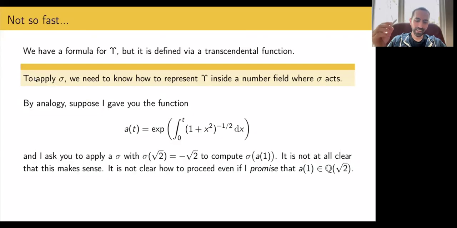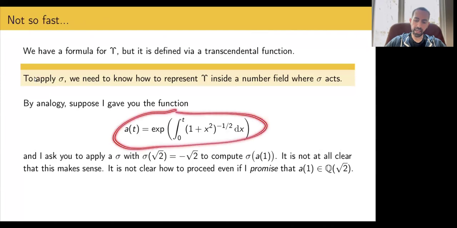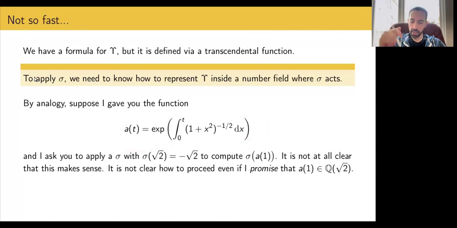By analogy, suppose I gave you the following function. It looks very similar in spirit to the thing that I showed before, right? An exponential and then an integral. Here it's a definite integral parameterized by t, right? And I tell you, take this thing, a of t, and evaluate it at a of 1, and then apply the Galois conjugation that maps root 2 to minus root 2. Go. You're like, what are you even talking about?